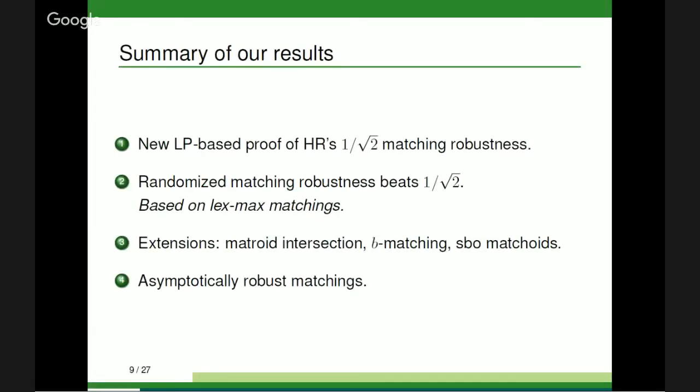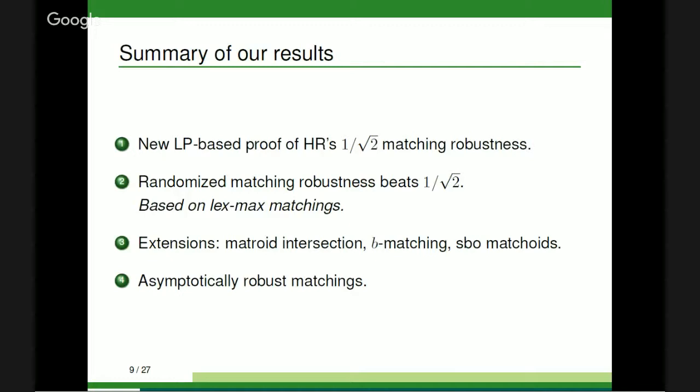First of all, the original proof of Hassin and Rubinstein was a little bit complicated, so we gave a new LP-based proof of that. Every graph has a 1 over square root of 2 robust matching, and we gave a new proof of that fact using linear programming.